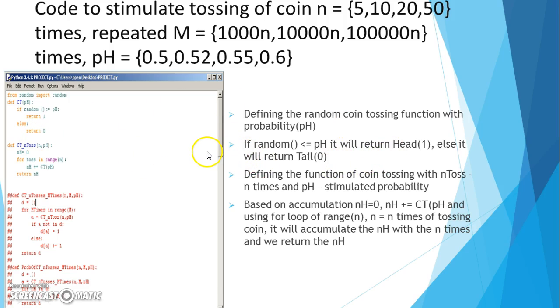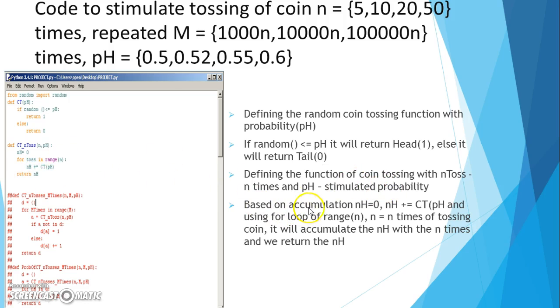And afterwards we define the function of coin tossing with n toss. N toss means n times, and the probability, the simulated probability.